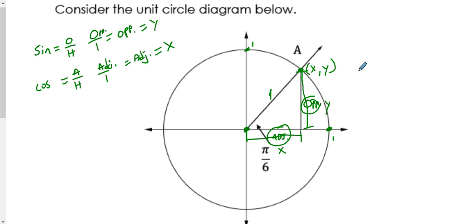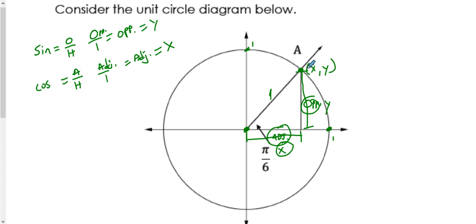All right. So when they say find the sine of pi over 6, they're just asking you what is the y. And when they say find the cosine of pi over 6, they're just asking you what is the x. And when they say find the coordinates of point A, it's going to be these two values that we have here.